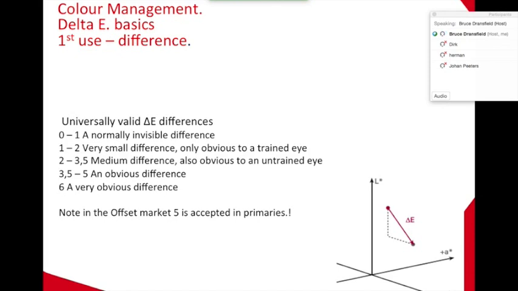And then above 5, it becomes an obvious difference, and 6, 8, a very obvious difference. Note that, and I just put this note down at the bottom, 5 is accepted as the difference in primaries within the Fogra standard, just out of curiosity.